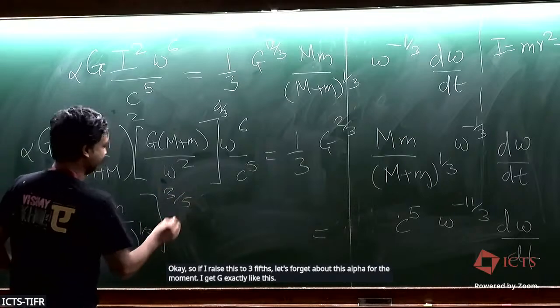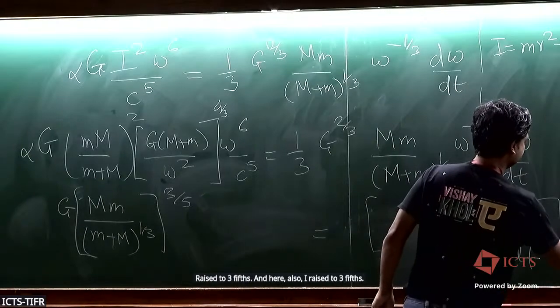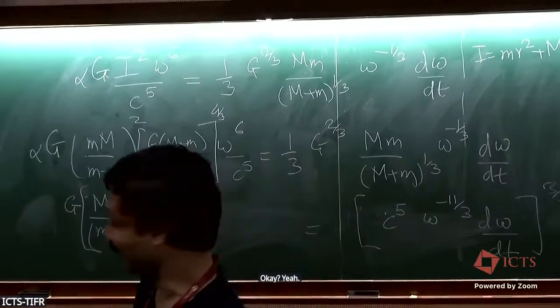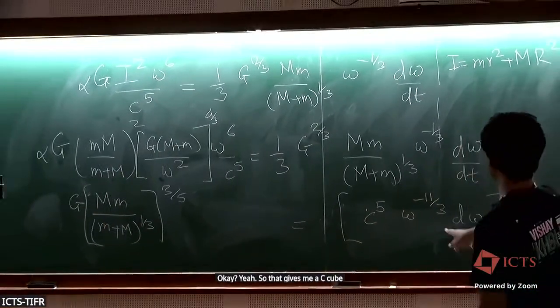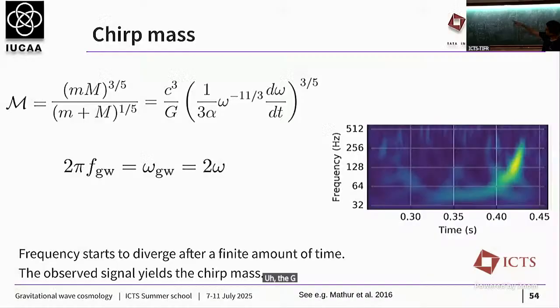I raise to 3/5, and here also I raise to 3/5. So that gives me a c cubed, right? c to the 5 raised to 3/5 is c cubed. The G is in the denominator, which is good. There's some 1/3 alpha. So this 3 and alpha, they are gone here. So it's looking okay, right? Not bad.